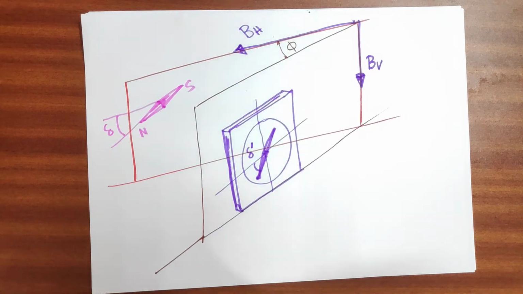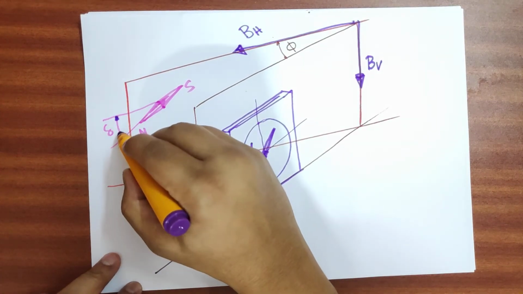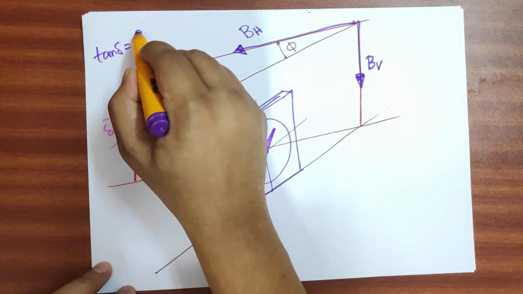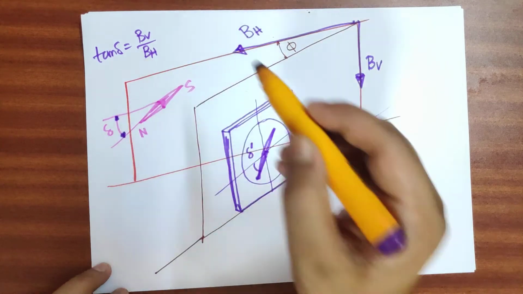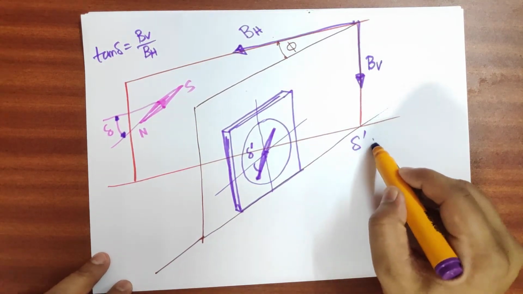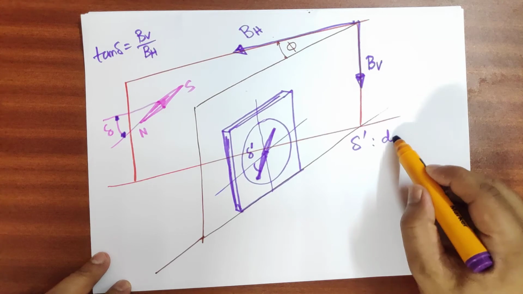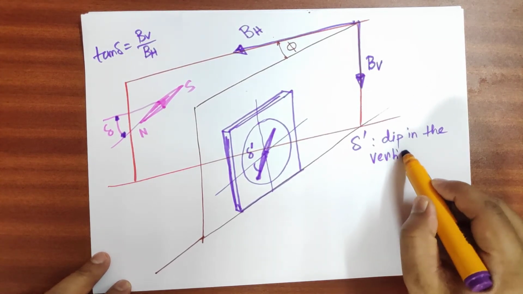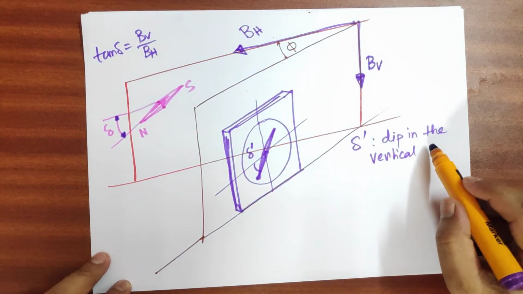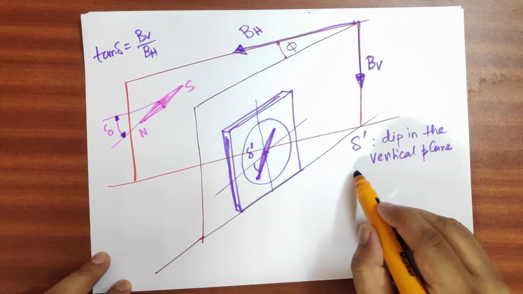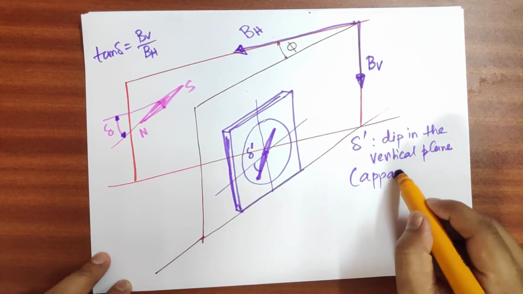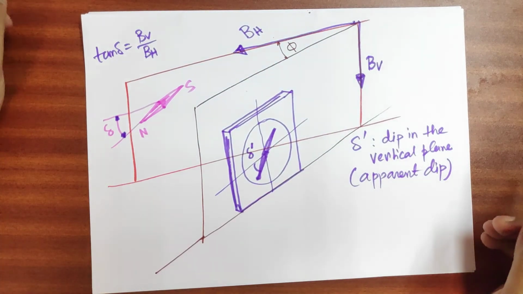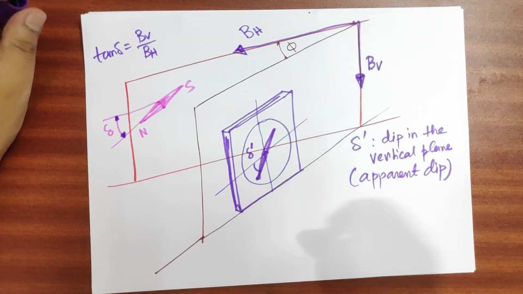So here it makes delta, right? You know this delta, you know tan delta. What is tan delta? Tan delta is BV by BH. Now this delta dash is the dip in this vertical plane. It is also known as apparent dip, because the true angle of dip always happens to be in the magnetic meridian plane. This is apparent dip, delta dash.